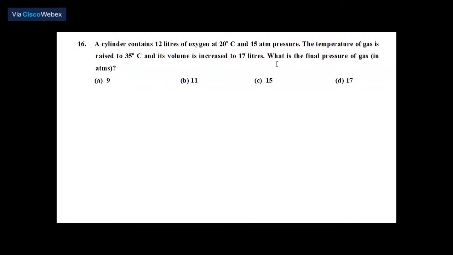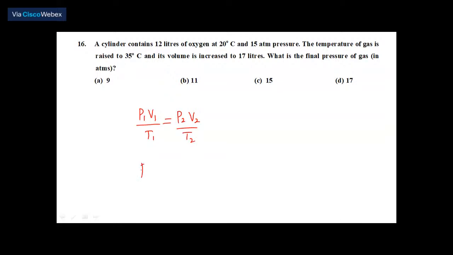For this, let us use the ideal gas equation, according to which PV is equal to nRT, or PV divided by T is equal to a constant generally, or P1 V1 by T1 is equal to P2 V2 divided by T2 is equal to P3 V3 divided by T3 is equal to constant. In this problem, we have to find the new pressure, that is P2.